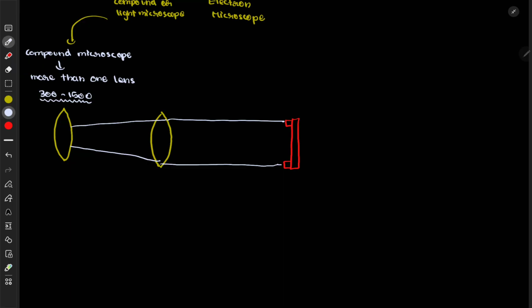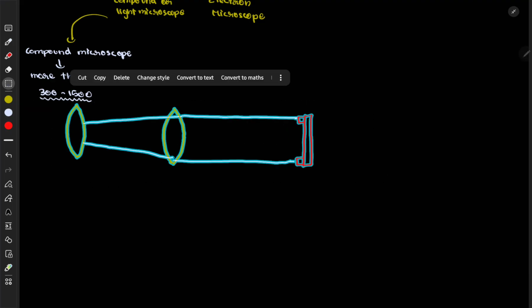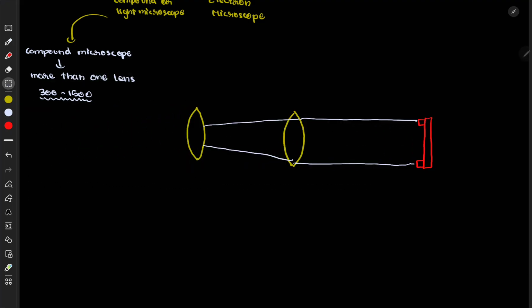You see the organism is so small. Now I'll move this here. Let's say we have our specimen, which is basically an object. This is completely horizontal. This is our stand.